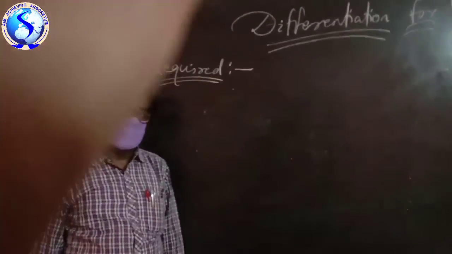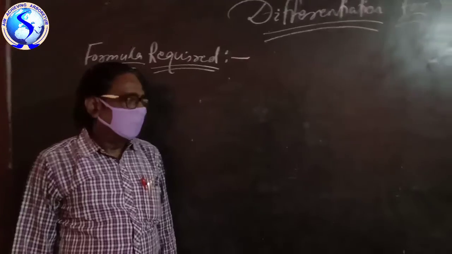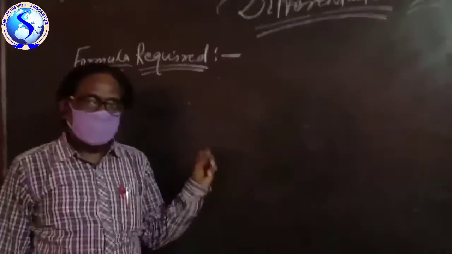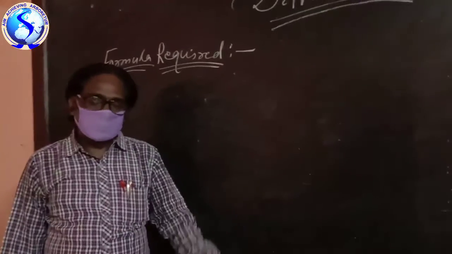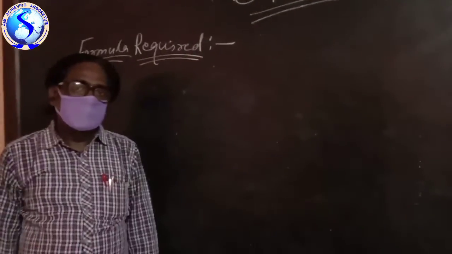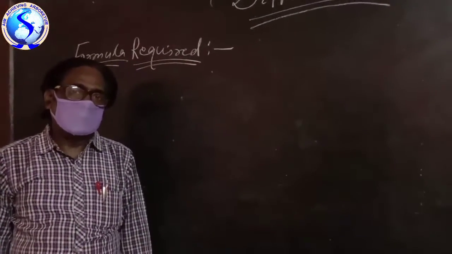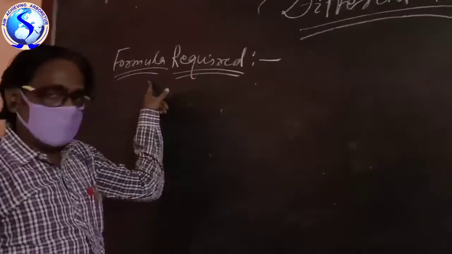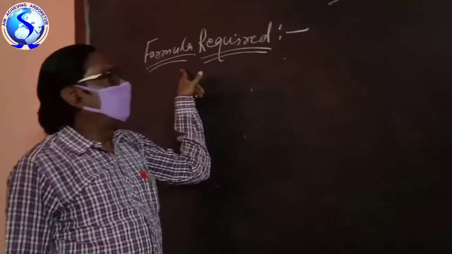I hope you are able to understand the process of deriving the derivative of y with respect to x with the help of first principle. Now I am giving some important formulas required for the derivation.